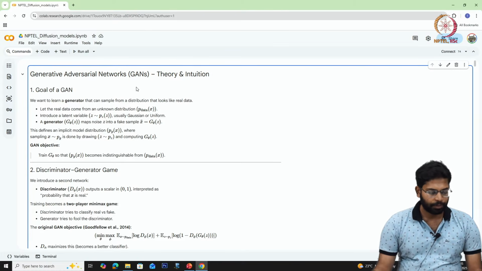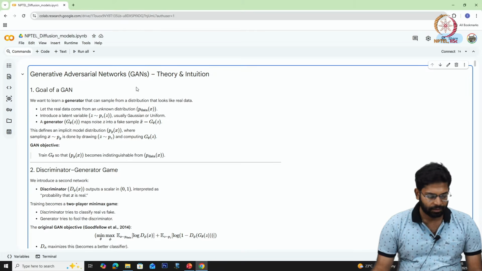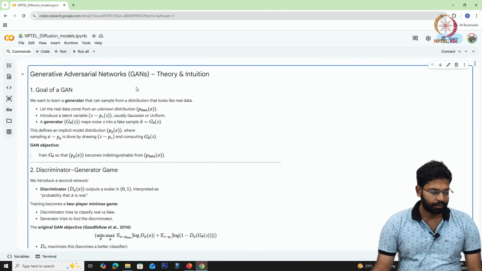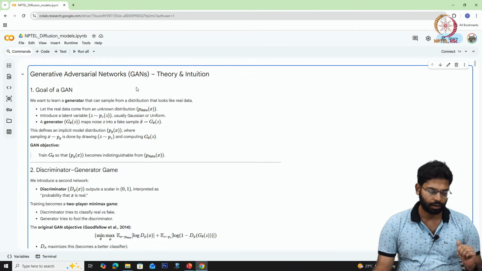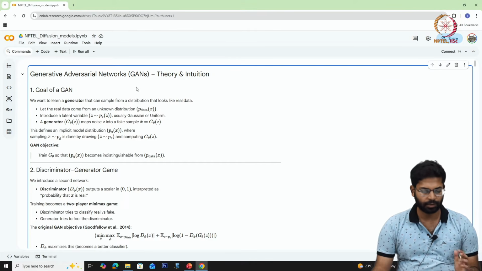Let the real data come from an unknown distribution P data(X). So X is the real data and P data is the distribution of it. Introduce a latent variable Z which comes from another distribution P_Z(Z), usually something like a Gaussian or uniform random variable. Then a generator denoted as G theta(Z), which has parameters theta, maps the noise Z into a fake sample X tilde, denoted as G theta(Z).